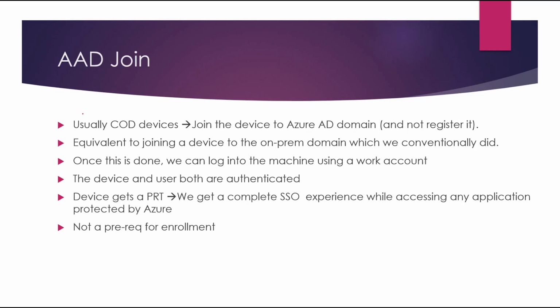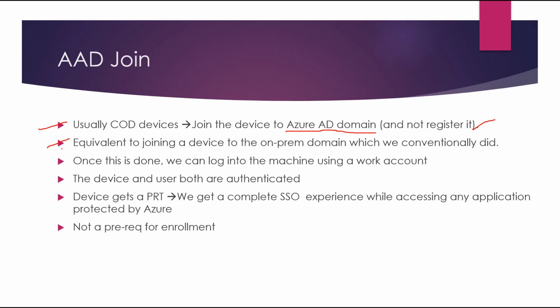So this is always done for company-owned devices, and we are joining the device to the Azure AD domain. We are not registering it, mind you. We'll talk about how it is different. We are doing an Azure AD join. This is equivalent to joining a device to the on-prem domain, which we conventionally did. Instead of joining it to the on-prem domain, we are joining it to Azure because we don't have an on-prem domain to begin with, or even if we have it, we are getting rid of it or decommissioning it.